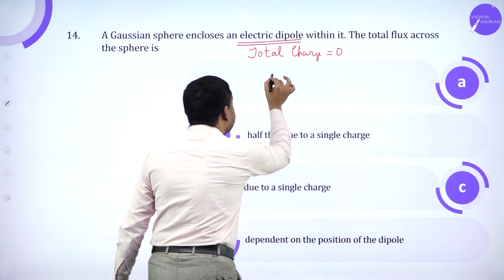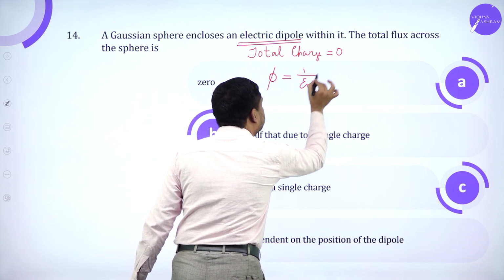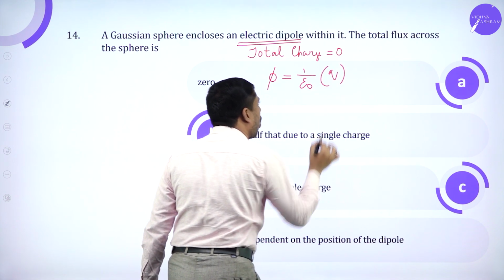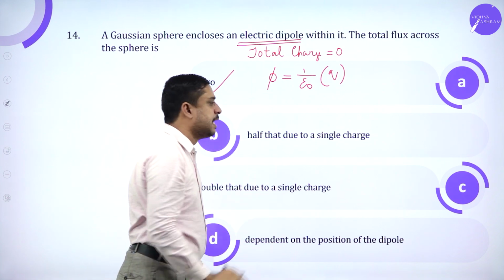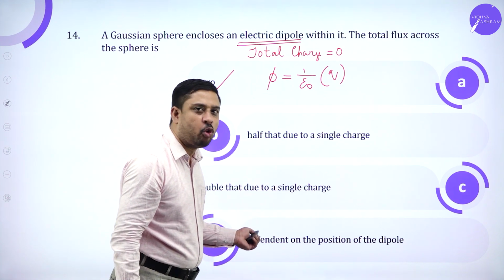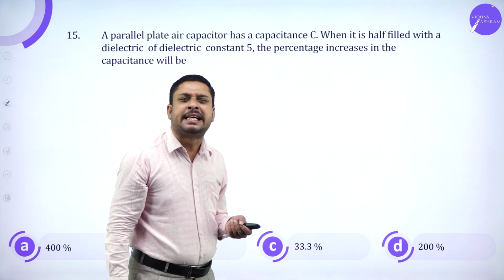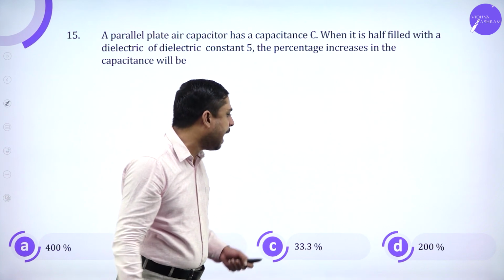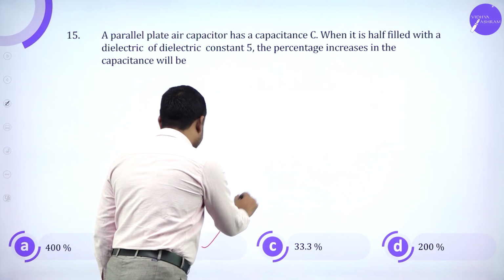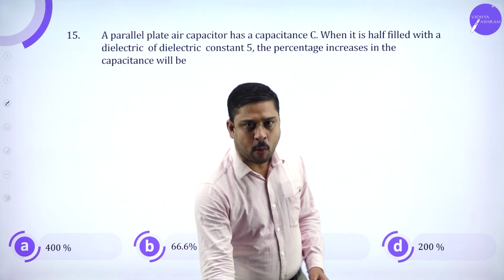Gauss theorem says flux is 1 by epsilon naught times total charge. Q is 0. Flux has to be 0. Parallel plate capacitor, exact question, previous session, look for that. The answer will be 66.6%.